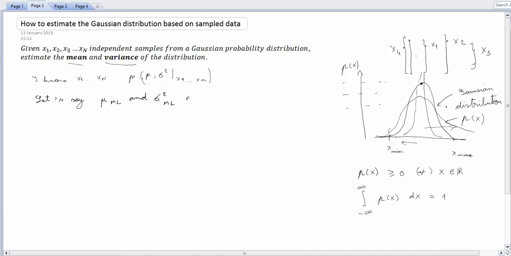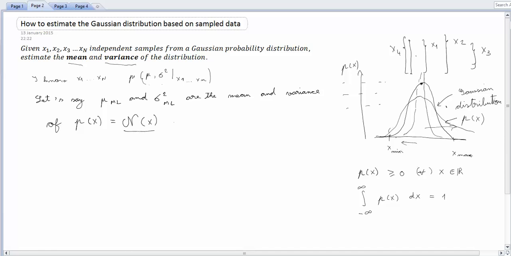So they are the mean of this probability distribution P of x, which is actually equal to N of x. This is the notation for a Gaussian distribution.